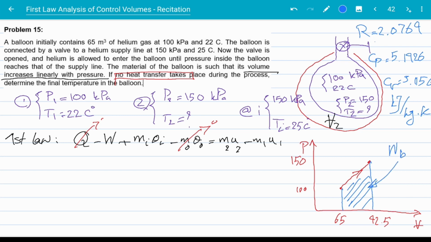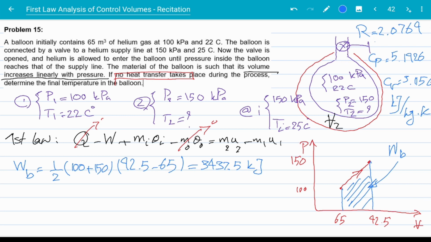This is the boundary work. So what is that? Boundary work is 1/2 of (100 plus 150) times (92.5 minus 65), which is 3,437.5 kilojoules.